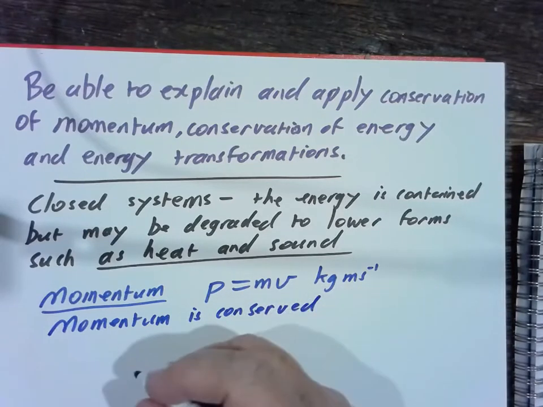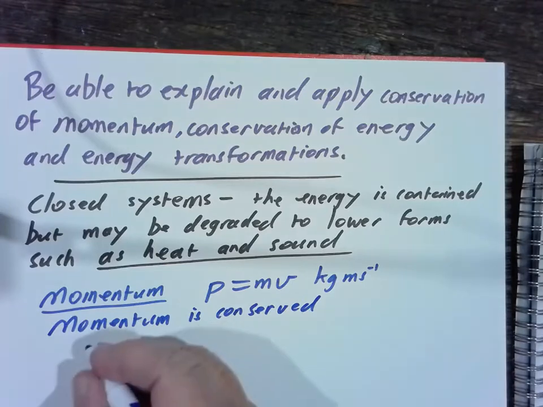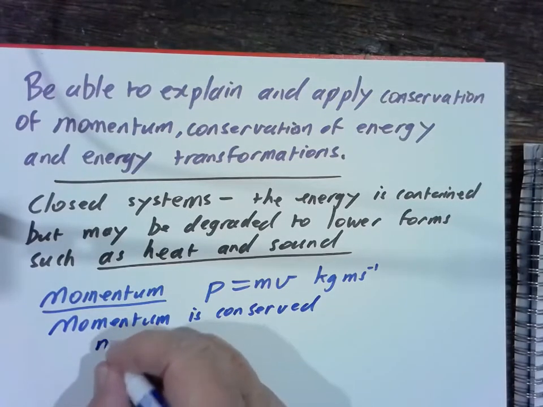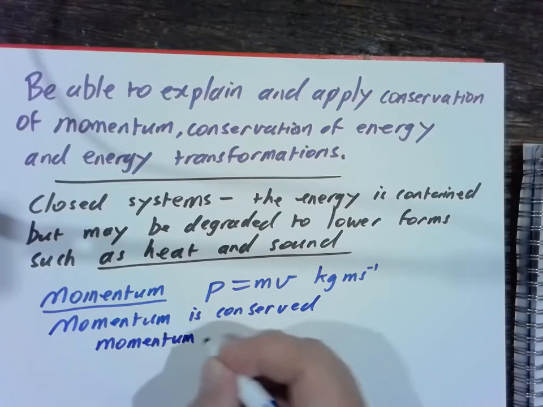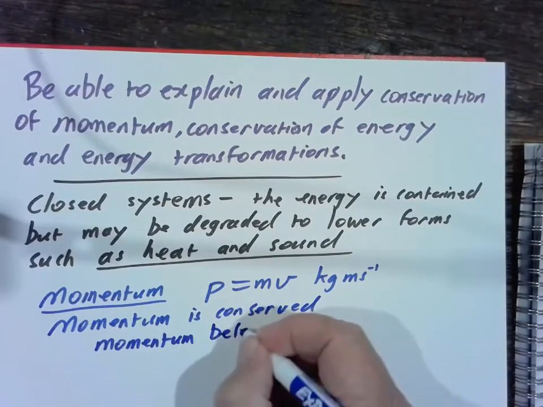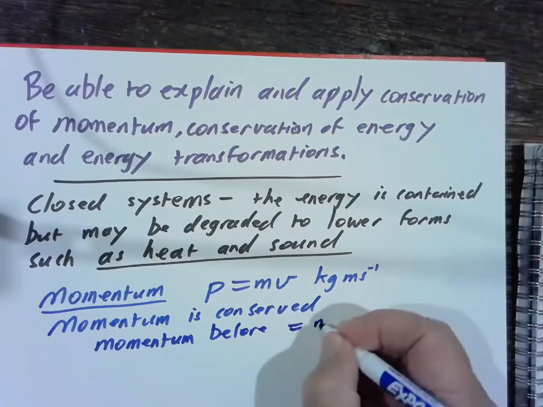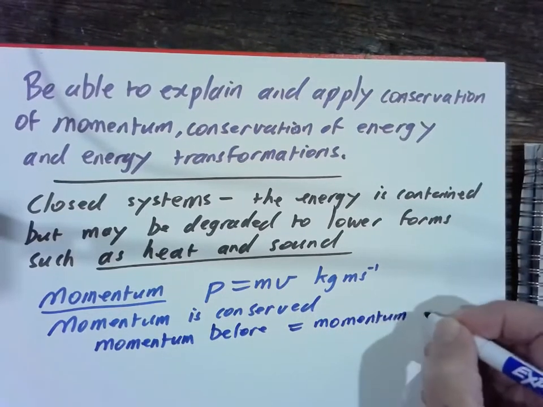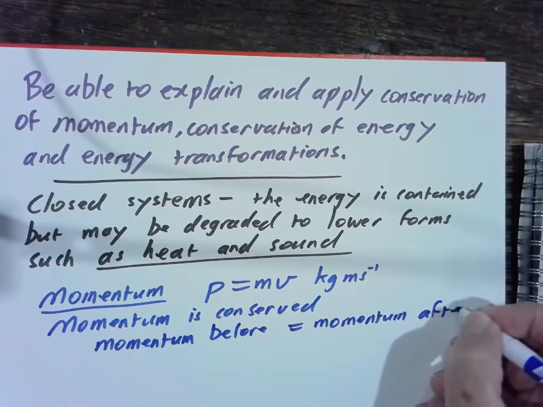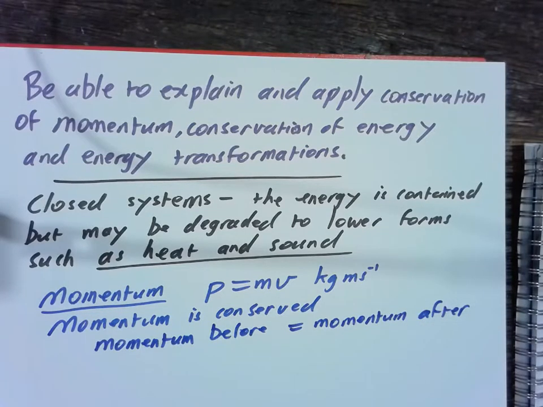That's the technical term that people use, but we need to understand what that means. It means momentum before equals momentum after. That's all it means. That's what conservation of momentum means. So let's do an example.